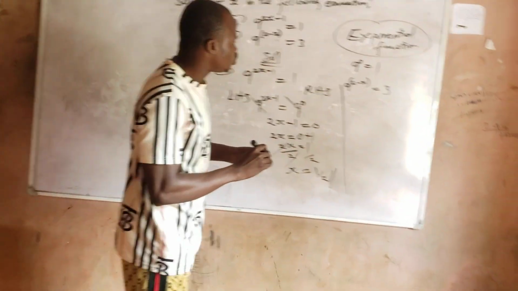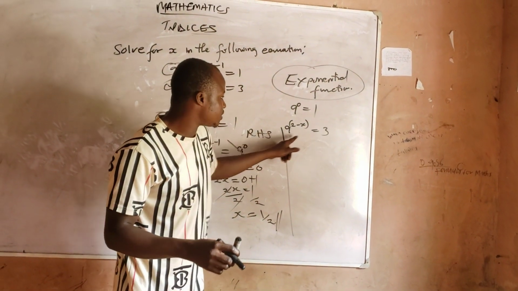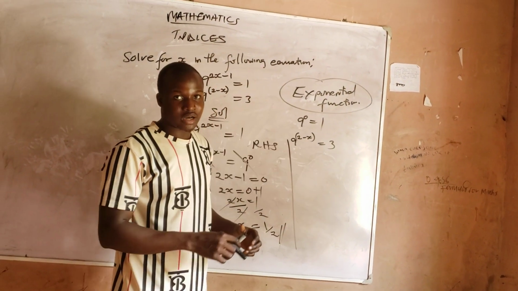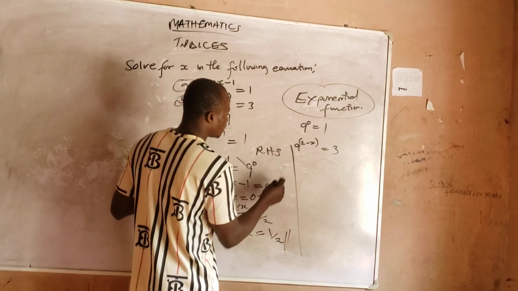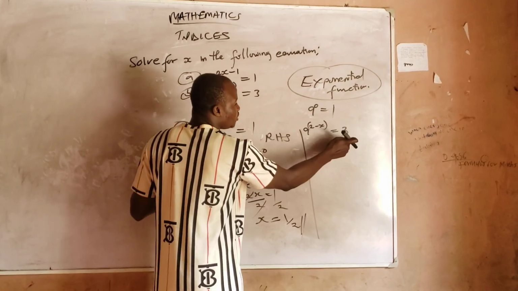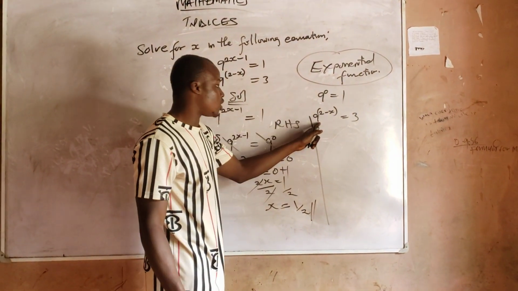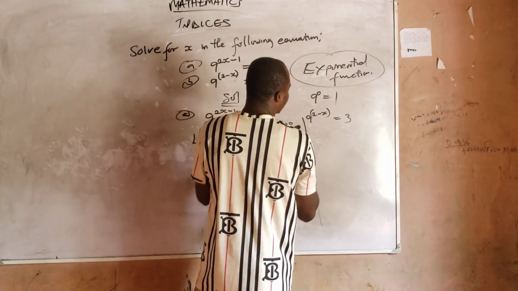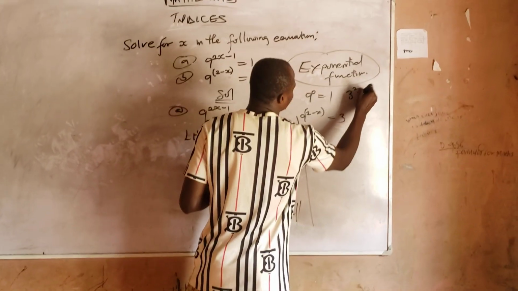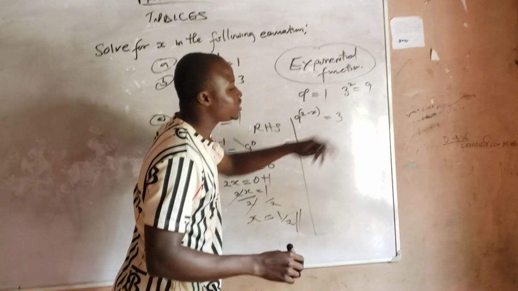Between the two, which of these bases can adapt to each other? There's nothing you can raise 9 to be equal to 3. But there's something you can raise 3 to be equal to 9. 3 raised to the power 2 is 9. So we are going to replace this 9 by 3 raised to the power of 2.